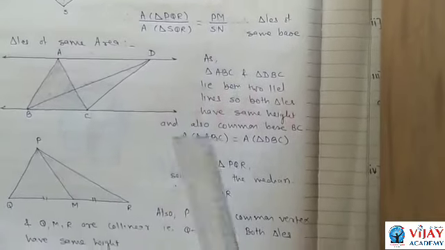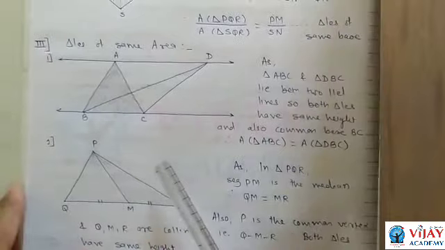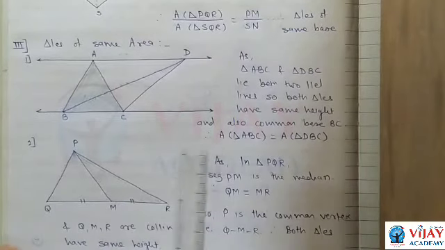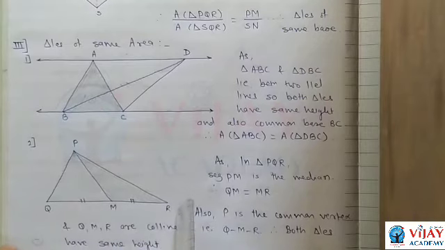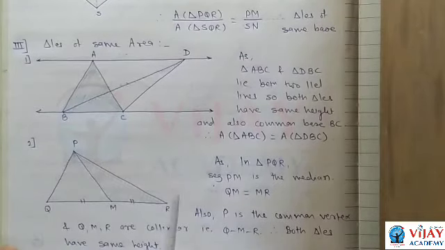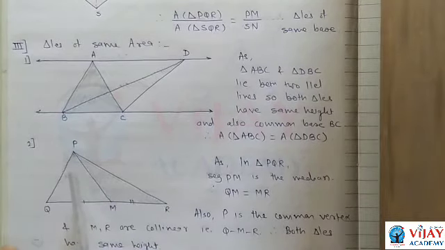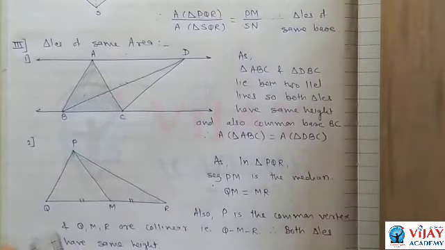Then the second case. In triangle PQR, segment PM is the median, meaning PM divides side QR into equal parts, that is QM is equal to MR. It also divides triangle PQR into two triangles, triangle PQM and triangle PMR, as QM is equal to MR. In triangle PQM and in triangle PMR, P is the common vertex and Q, M, R are collinear, so both triangles have the same height.